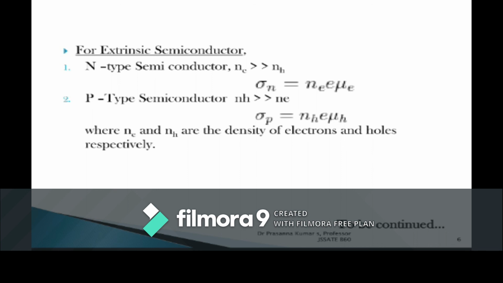Therefore, the conductivity due to the electron concentration can be neglected. In a p-type semiconductor, the conductivity is mainly due to the hole concentration. Therefore, we got sigma_p = n_h e mu_h, where in the above expressions n_e and n_h represent the electron concentration and the hole concentration respectively.